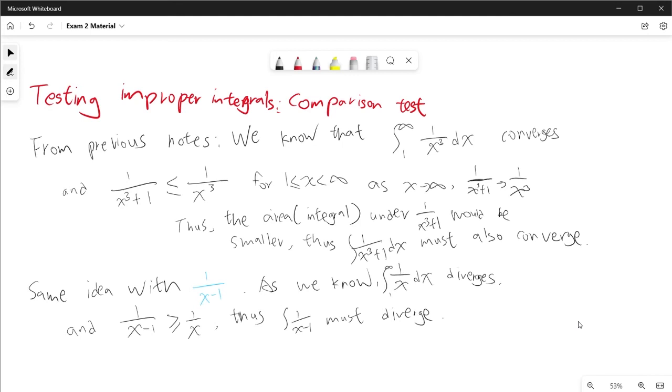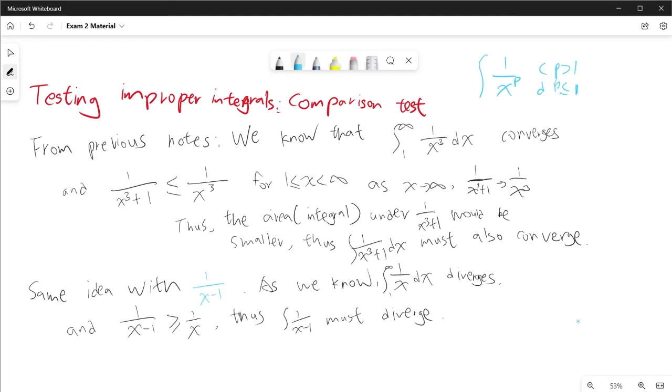So the general concept is that you have a known series, a known integral that is convergent or divergent, like the 1 over x to the p power example. It converges when p is more than 1, and else it diverges.